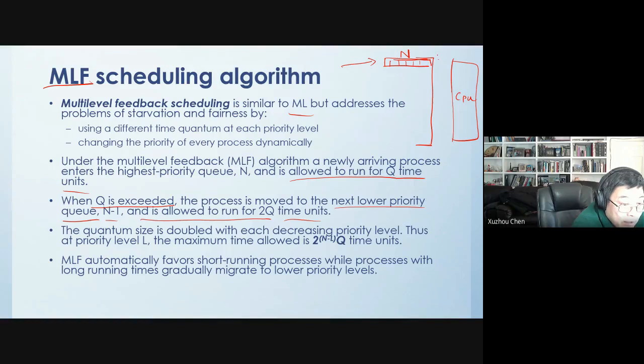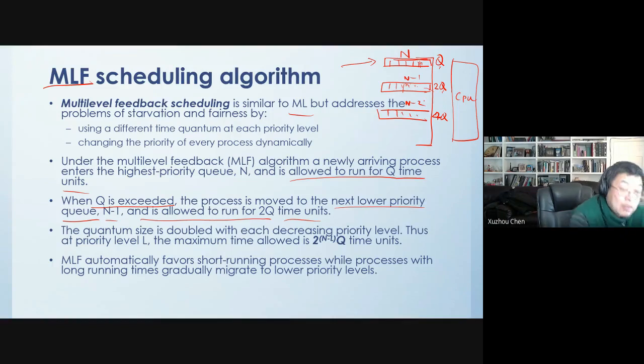Now the time quantum is Q. If the process has executed for Q time units and is still not finished, it is placed in the next level, n-1, and the time quantum for this level is 2Q. It's double the time quantum. And if it's still not finished, you move down to n-2, and the time quantum is 4Q.